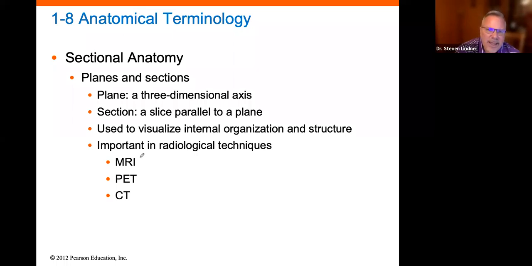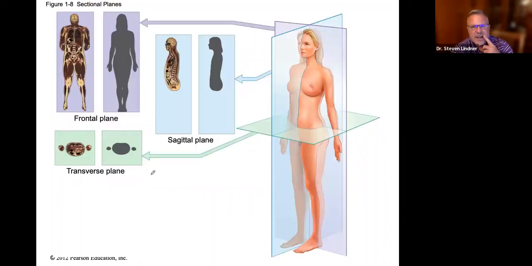Now, when we look at different types of diagnostic imaging, whether it's MRI, CAT scan, or PET scan, we typically divide the body into 3 different planes. When we divide the body into a left and right half, we use this plane right here, running in this direction, that separates the body into a left half and a right half.